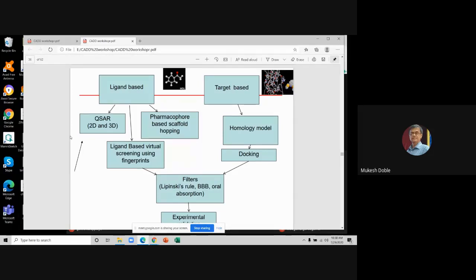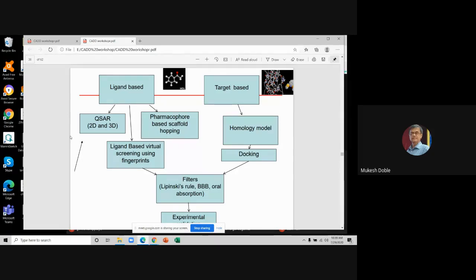So this QSAR is slightly tougher in the sense I should initially have some molecules reported for some activity, and the activity value should be known. If I am looking at an enzyme in the prostaglandin inflammatory pathway like cyclooxygenase 2, and I know some 10 molecules which are inhibiting that enzyme, and I know their activity numbers, then I can use them for developing a QSAR.